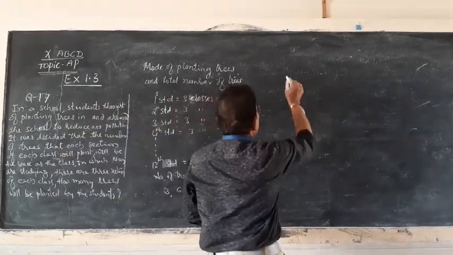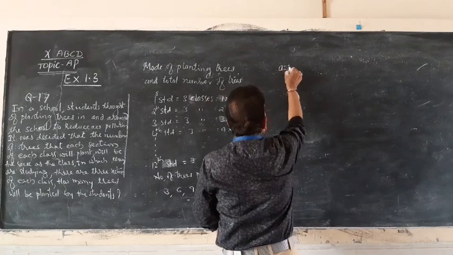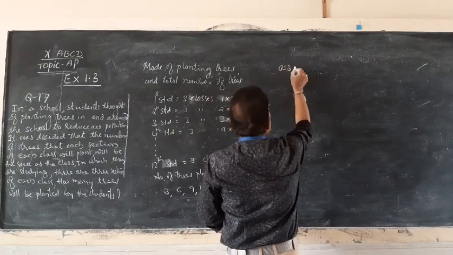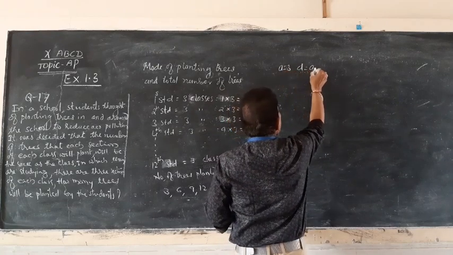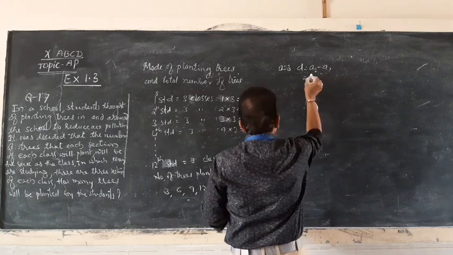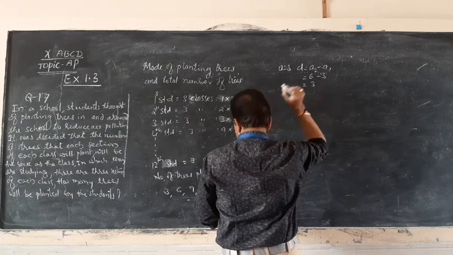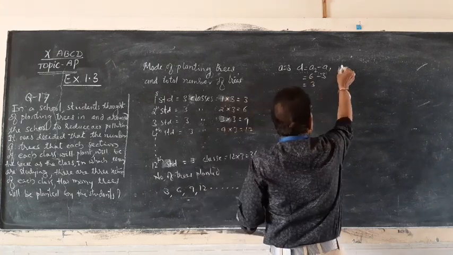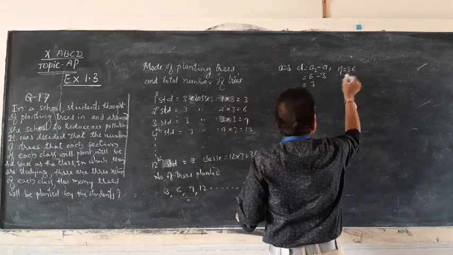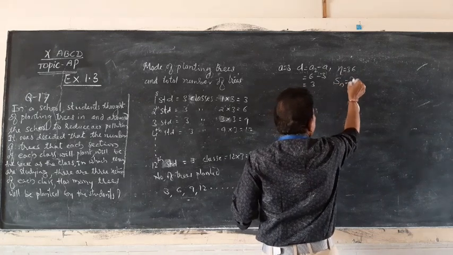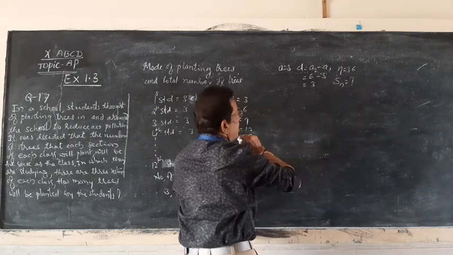So a equals 3, d equals a2 minus a1, that is 6 minus 3, n is the number of terms, Sn equals question mark.